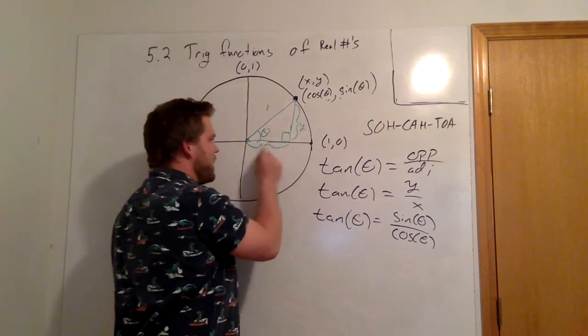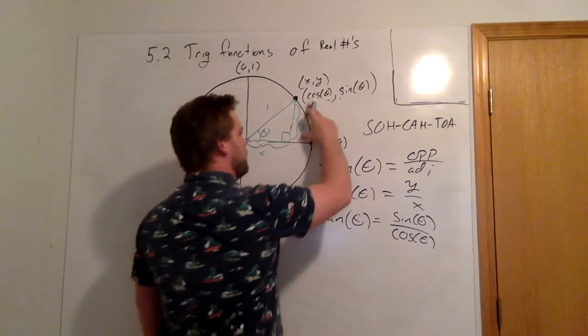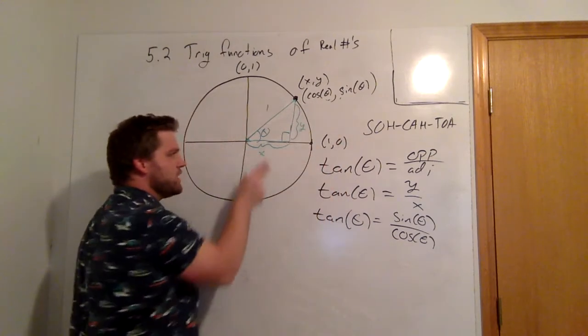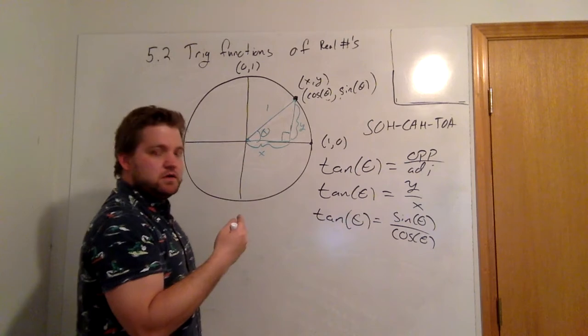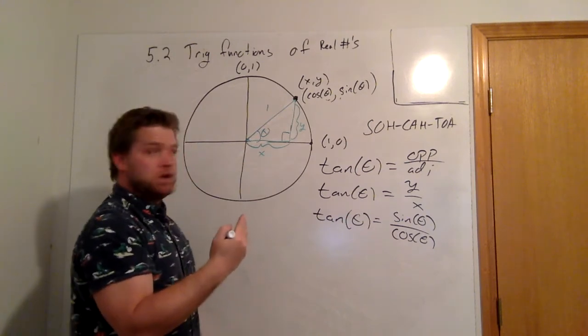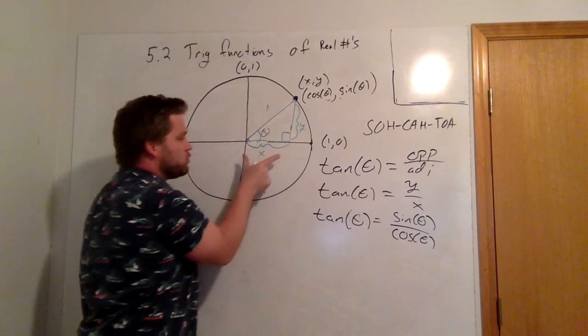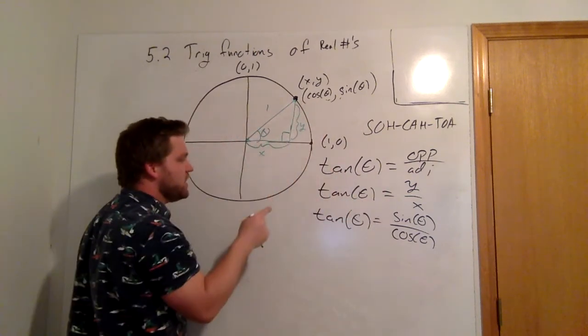But what does it mean on the unit circle? Tangent is y over x. Tangent is a vertical distance divided by a horizontal distance. Do you smell that? That smells a whole lot like slope, a rise over a run. So tangent is the same thing as rise over run.